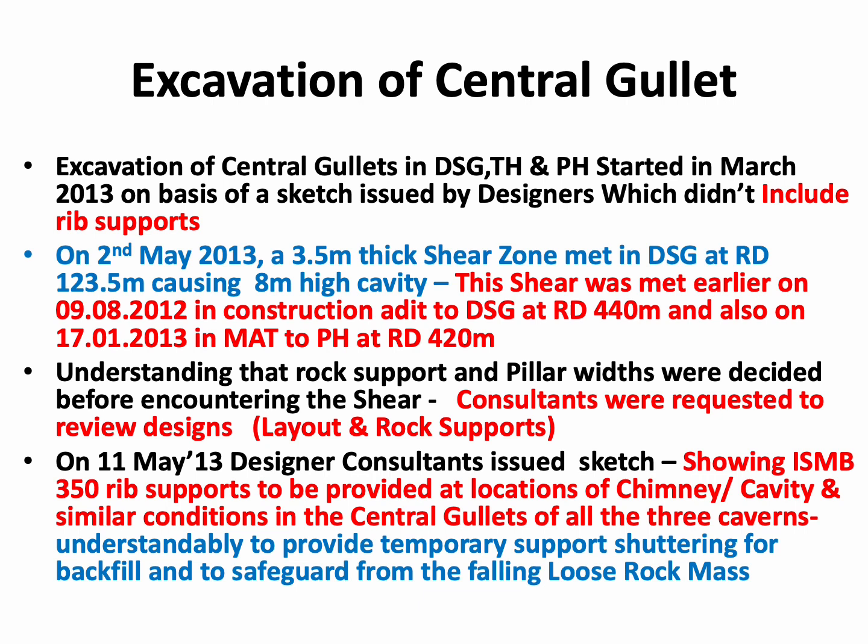When the shear zone had been actually met in the Downstream Surge Gallery and a cavity of 8 meters had been formed on 2nd May 2013, thereafter on 11th May, the designer's consultant issued the sketch which showed ISMB 350 rib supports to be provided at certain locations of chimney formations and cavity formations in similar conditions in central gullets of all three caverns.